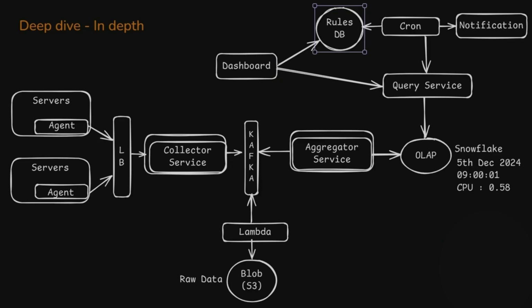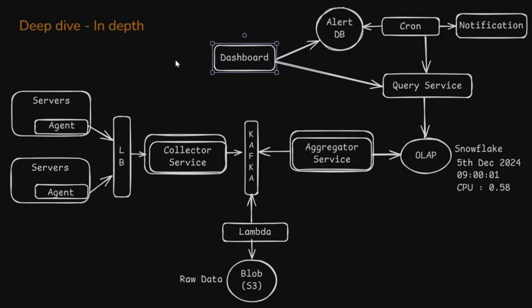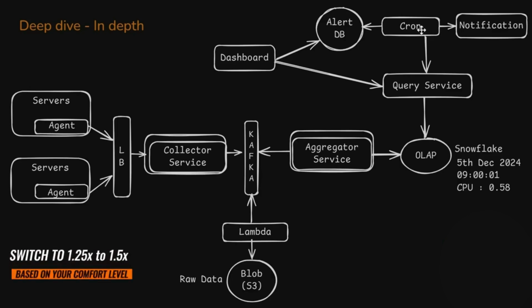So let me change this to alert db, and from this dashboard we can define the rules in this alert db. For example, if the CPU utilization reaches above 90%, then this cron job will periodically query this alert db and send the notification so that the stakeholders can take action on it to scale up or scale down the servers in this infrastructure.